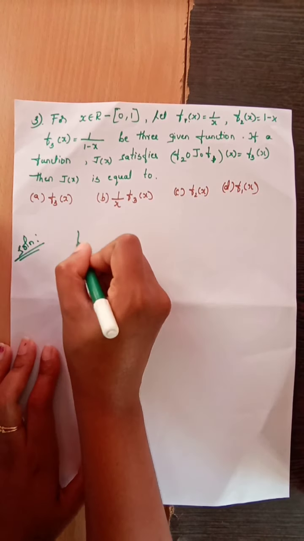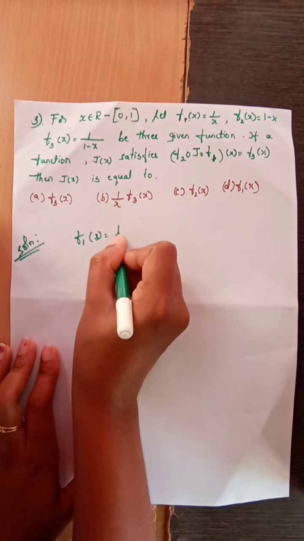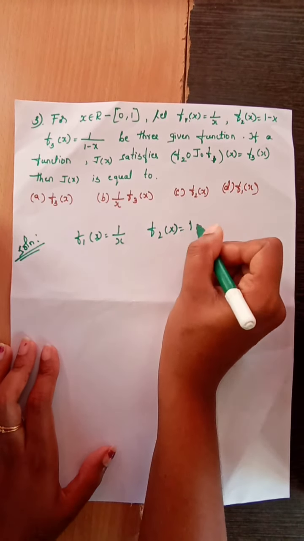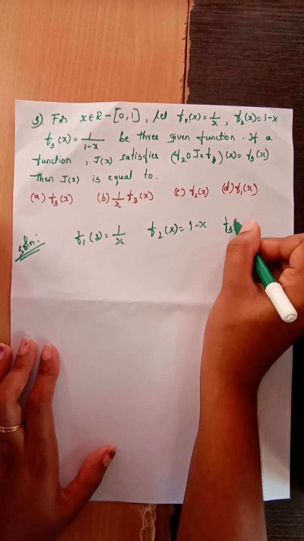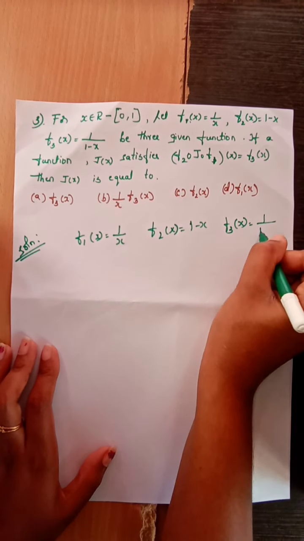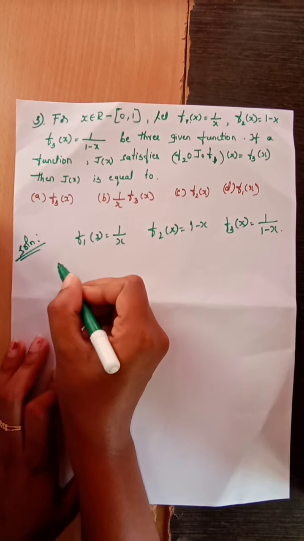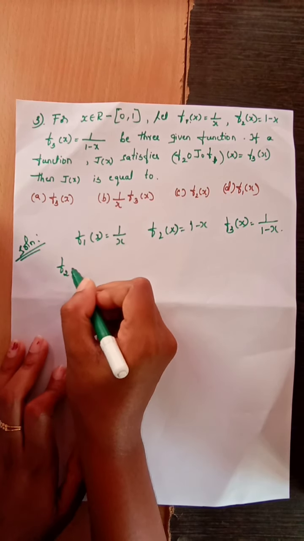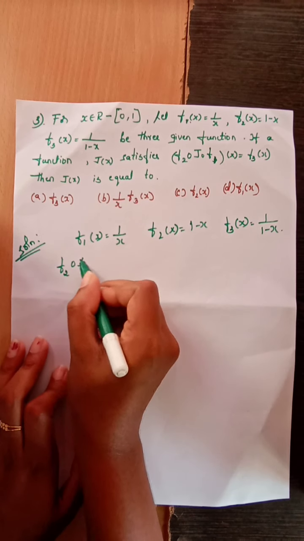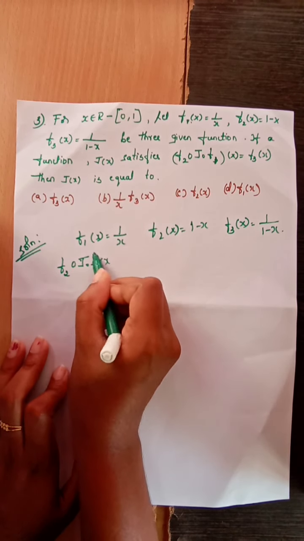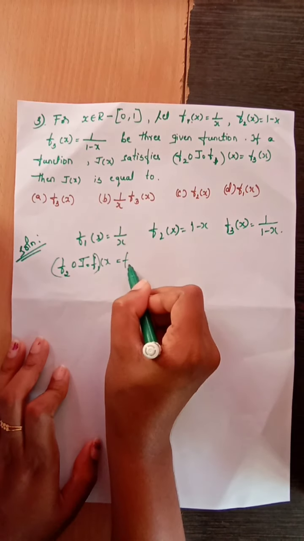So we have f1 of x is equal to 1 by x, f2 of x is equal to 1 minus x, f3 of x is equal to 1 by 1 minus x. Okay. Now what is f2? We know that f2 composition j composition f1 of x is equal to f3 of x.